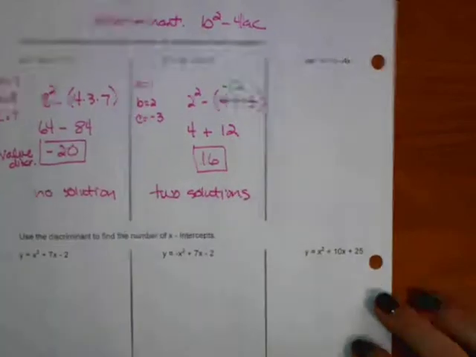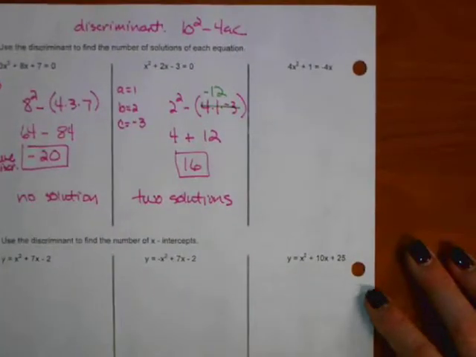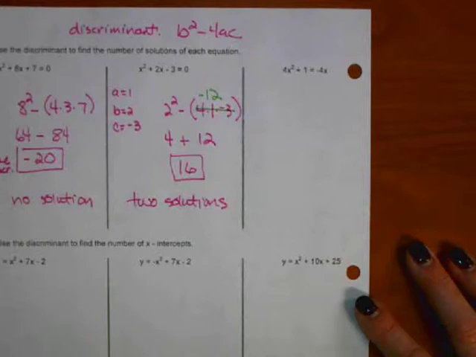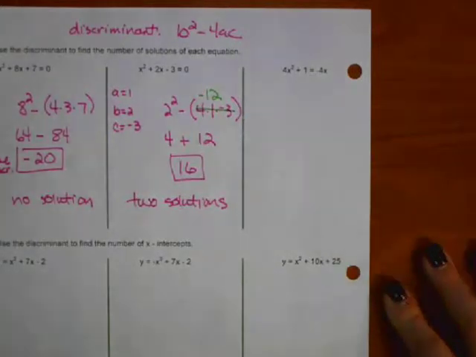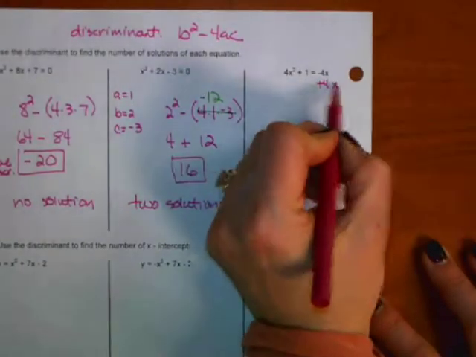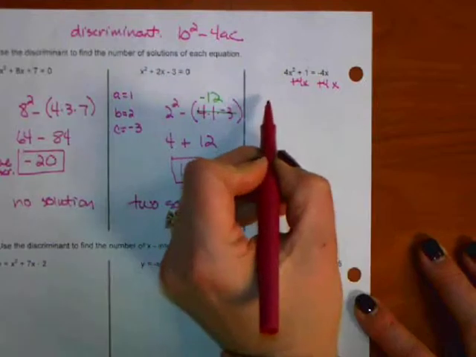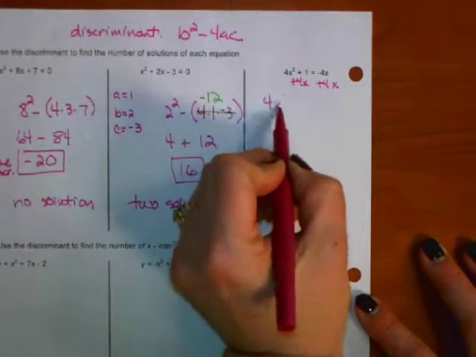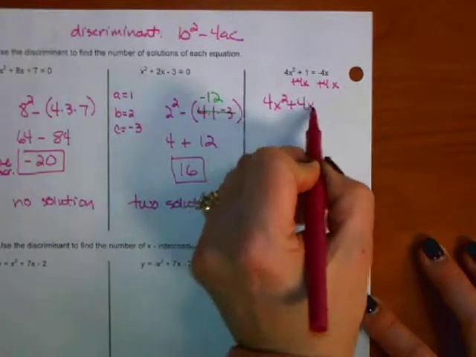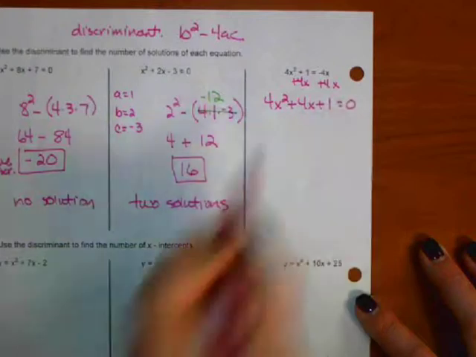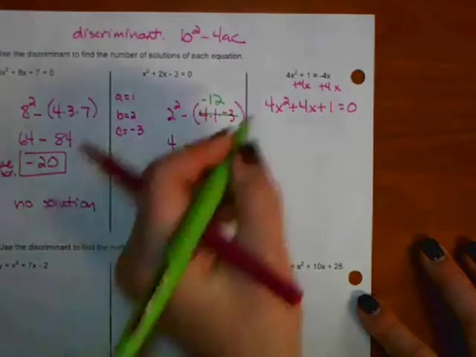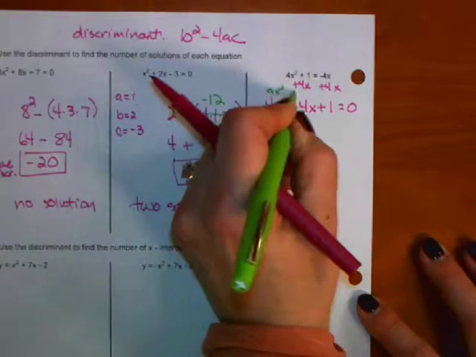Okay? Oh, I got a problem. It's not set equal to 0. It has to be set equal to 0 before you can identify a, b, and c. So add 4x, add 4x. Now, the x term goes in the middle, because you have to be able to identify a, b, and c.